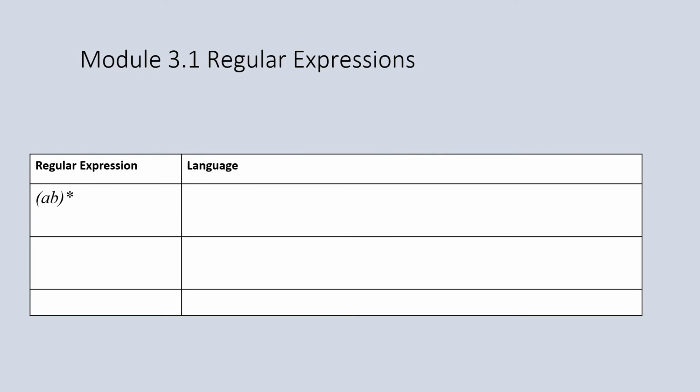If you have a star, that means it would also include the empty string. So the language right here would be either the empty string or any string of ABs.